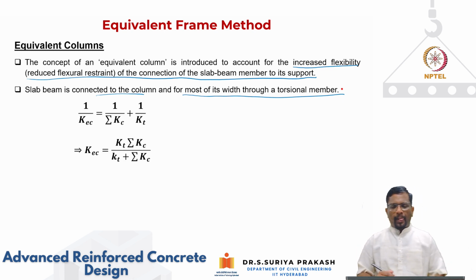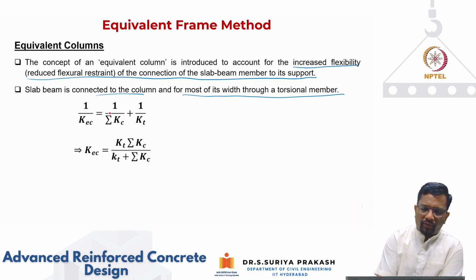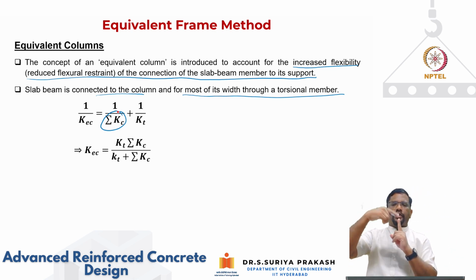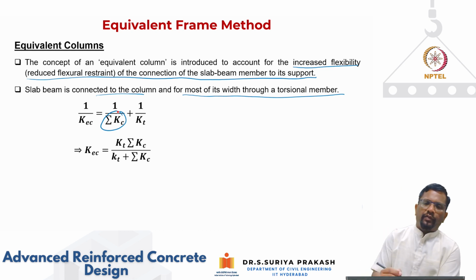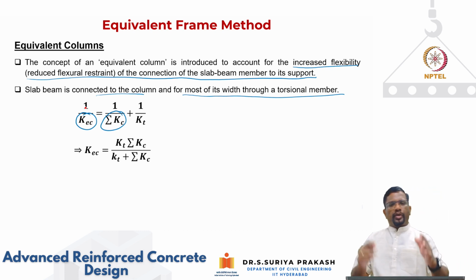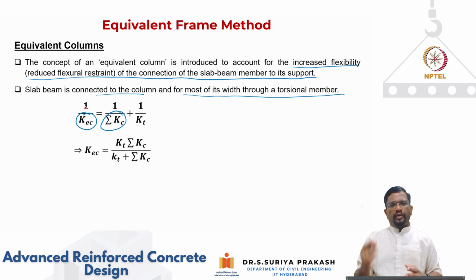Now you see here, two columns are connected top and bottom. They are in parallel, so you sum the stiffnesses of the columns. This column and the transverse beam are connected in series. When two springs are connected in series, how do you get the equivalent stiffness? 1 by K equivalent is 1 by the summation of column stiffness above and below, plus 1 by the stiffness of the transverse beam.